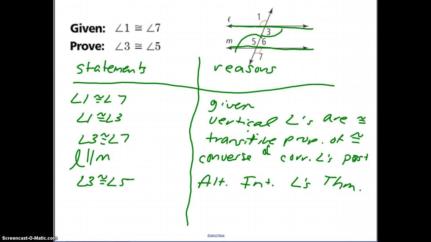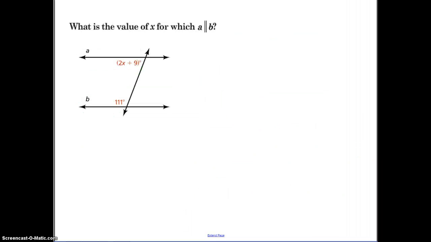So, let's look at some algebra type examples, okay? What is the value of x for which A would be parallel to B? So let's look at these two types of angles. This angle here and this angle here are same side interior. And same side interiors must be supplementary. So I want to add these up to equal 180.